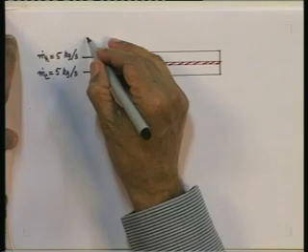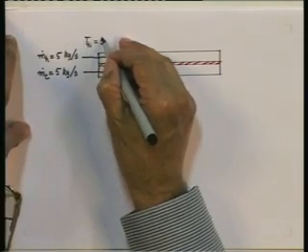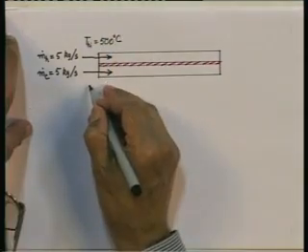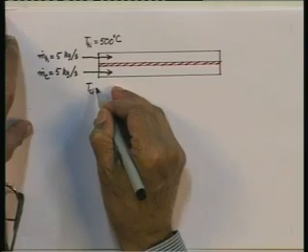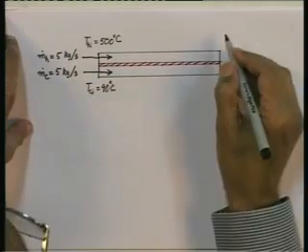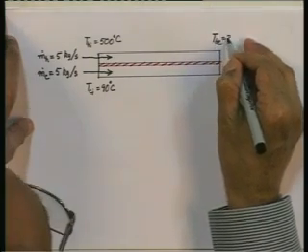THI, you are told the inlet temperature on the hot side equal to 500 centigrade. TCI equal to 90 degrees centigrade. THE given to be 350 centigrade.